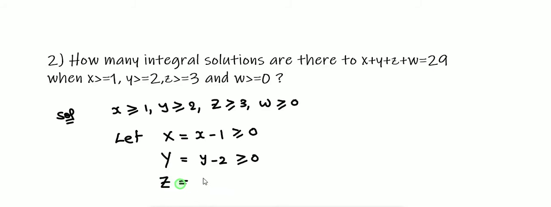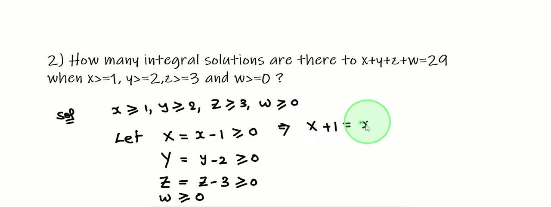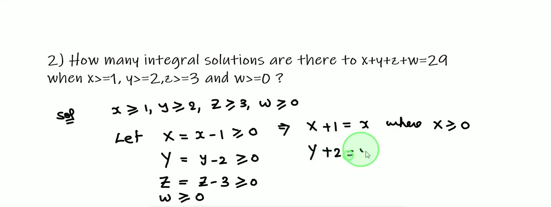So capital X plus 1 is equal to x, where capital X is greater than or equal to 0. Similarly, capital Y plus 2 is equal to small y, capital Z plus 3 is equal to small z, where capital Z is greater than or equal to 0 and w is greater than or equal to 0.